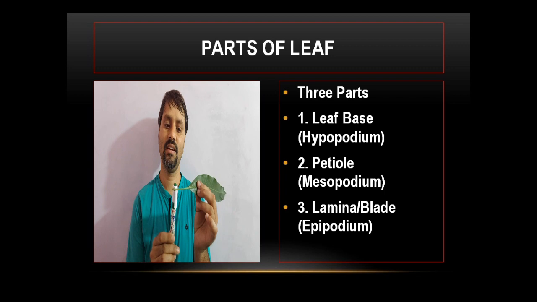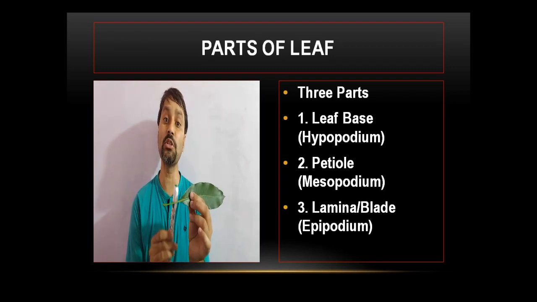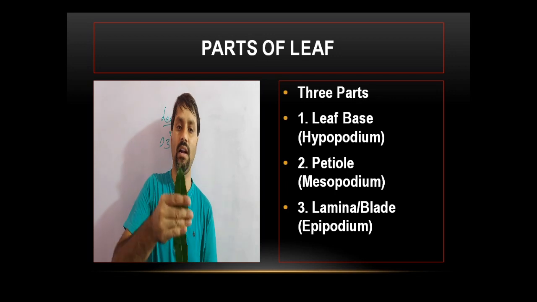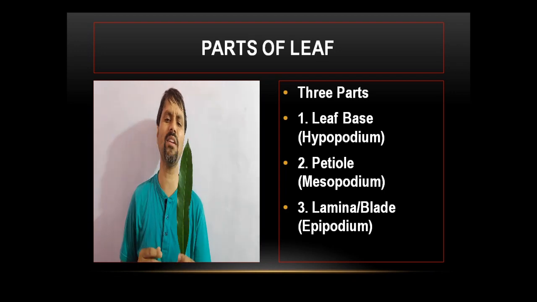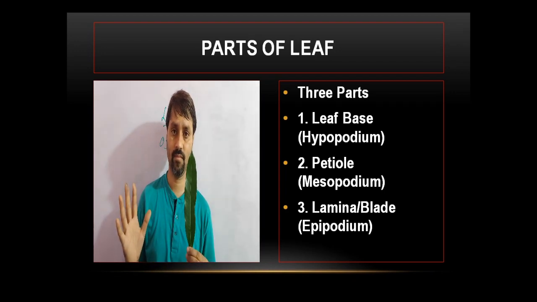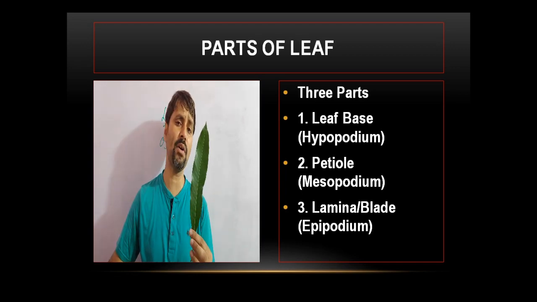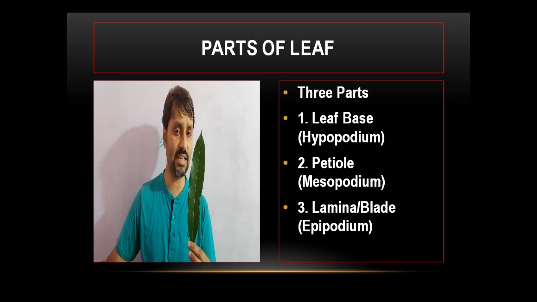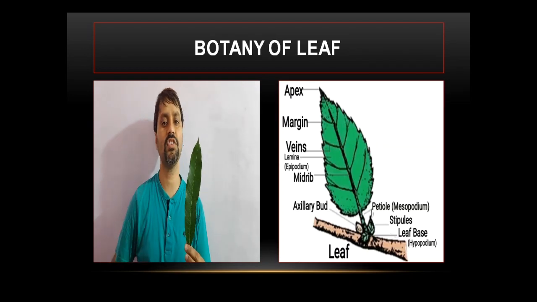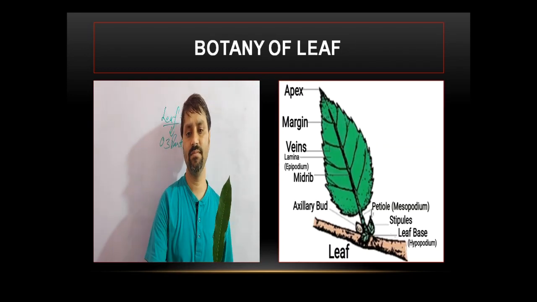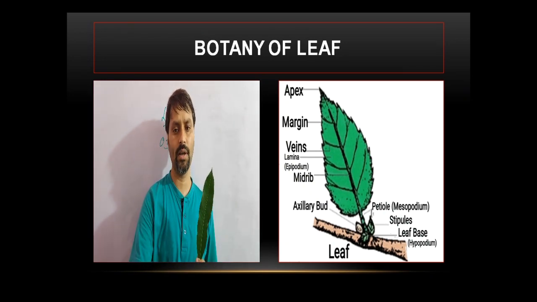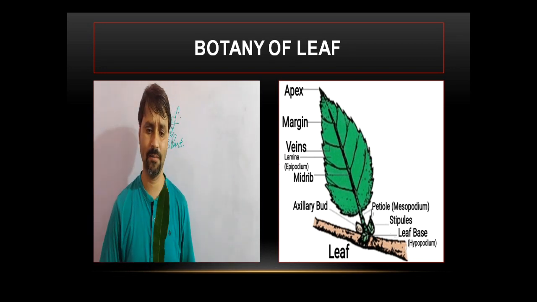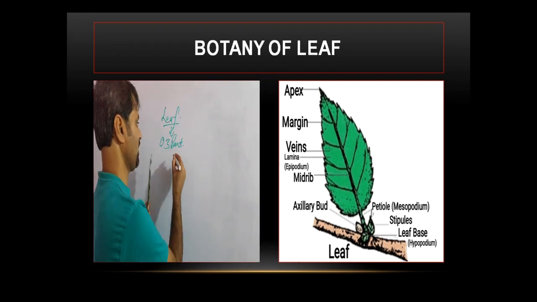Then the part which is stalk-like, this is the petiole or mesopodium. And this part, which I am touching, is the lamina or blade, or the epipodium. These are the three parts. Lamina or epipodium is the main photosynthetic part of the leaf. See here on your screen, the leaf has three parts: leaf base or hypopodium, petiole or mesopodium, and the lamina.